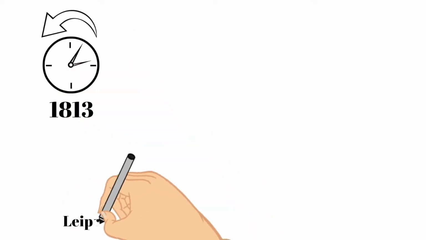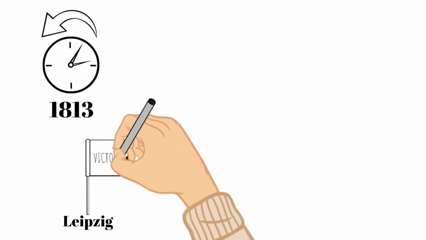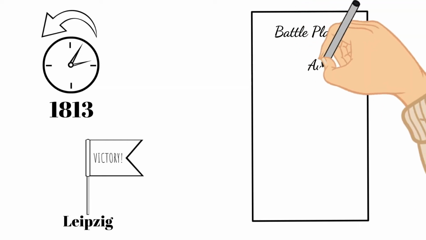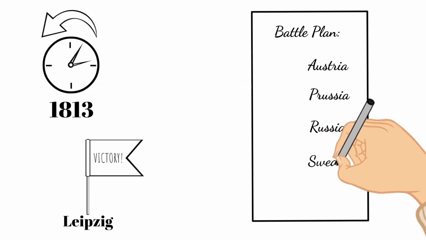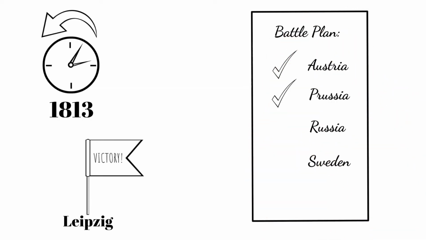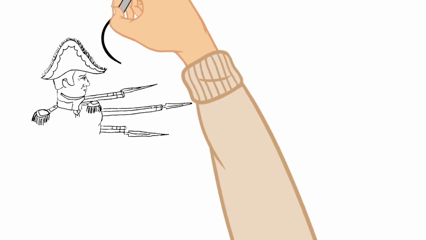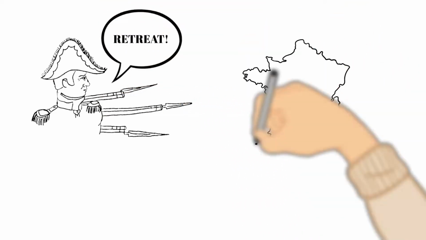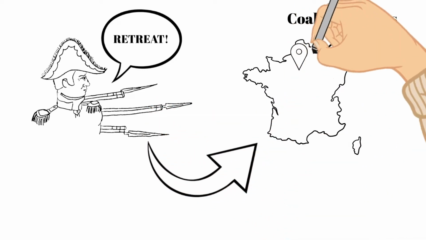In 1813, Napoleon had seized Leipzig, in present-day Germany, and planned to attack his opponents one by one, but was instead defeated by a coalition that included Austrian, Prussian, Russian, and Swedish troops. This forced Napoleon to retreat back to France, where the coalition forces then actually captured Paris in 1814.